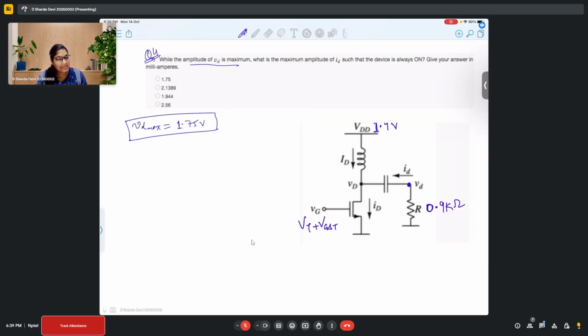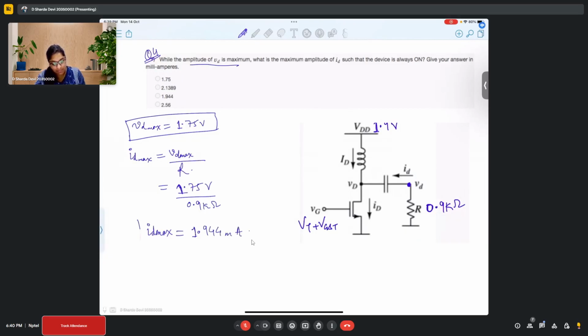ID is the current that is also flowing through R. So if I have to find ID max, I can write it as VD max by R. So this is 1.75 volts by 0.9 kilo ohms. So the value of ID max that we would obtain is 1.944 milliamperes. So again, this is a straightforward problem.